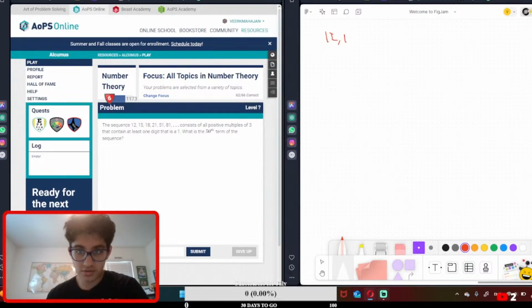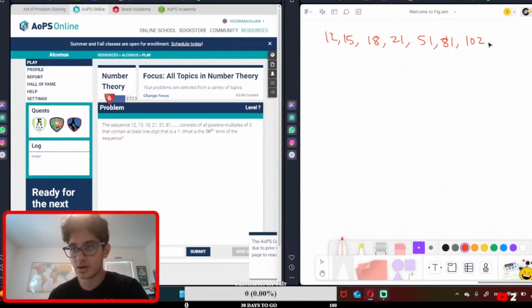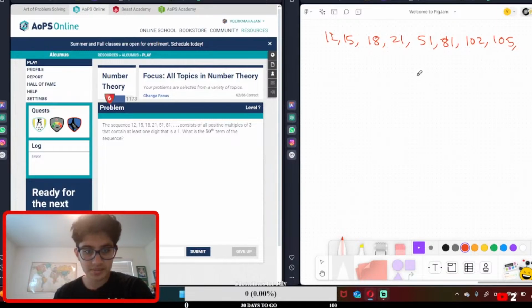So we've got 12, 15, 18, 21, 51, 81, 102, 105, and so on. The 50th term of the sequence. Right, so 1, 2, 3, 4, 5, 6. There are 6 of these that are before 100.